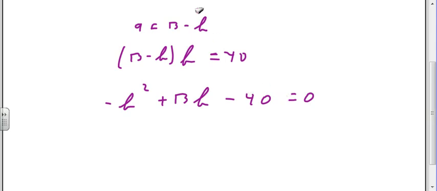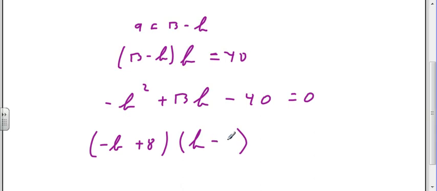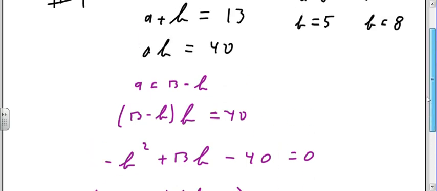And then I'd factor that. Because I already know the answer, I would factor it as minus B plus 8 times B minus 5 is 0. And then clearly B is equal to 5 or 8.